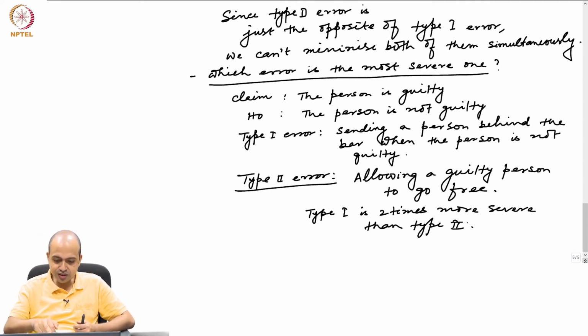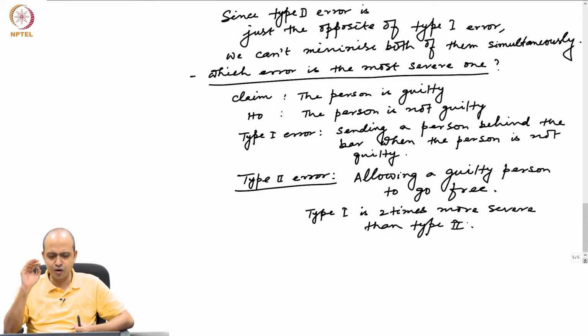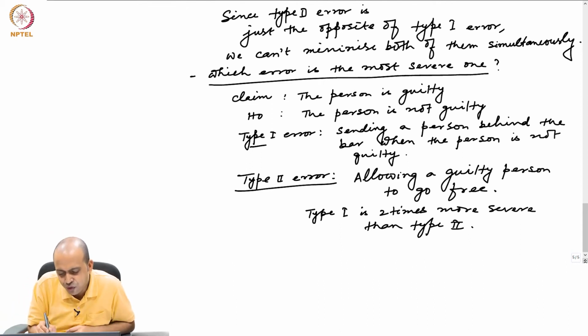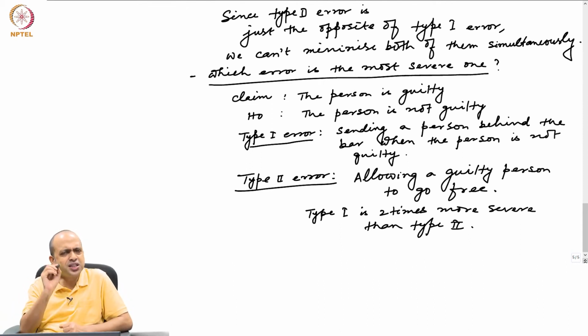Rather, since type 1 error is so severe, what we will do is, in 100 cases when you are taking the decision based on the decision making rules specified earlier, we will say that we can afford to make type 1 error a maximum of 10 times. Maximum 10 times we can commit type 1 error.